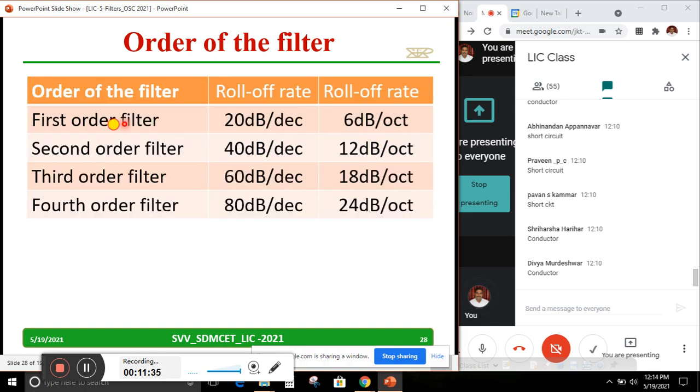First order gets 20 dB per decade roll off, or in terms of octave, 6 dB per octave. Second order 40 dB, third order 60 dB, fourth order 80 dB per decade. Decade, as all of you know, is on the semi-log graph, and octave means up to 8, decade up to 10. You might have plotted this in your third semester also, and the same point I am discussing.